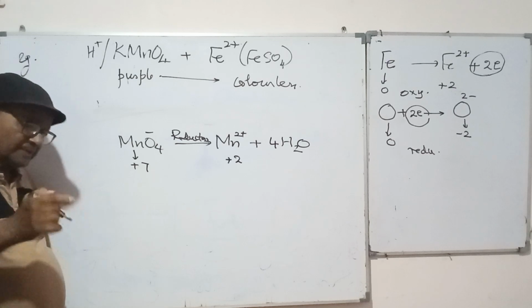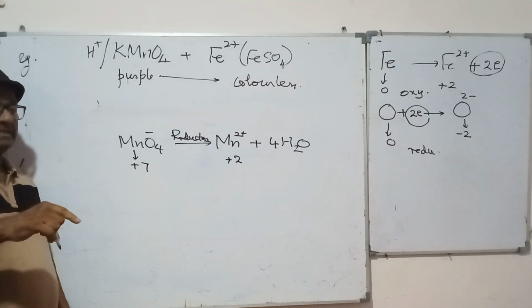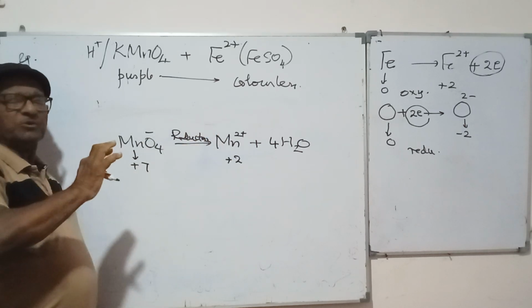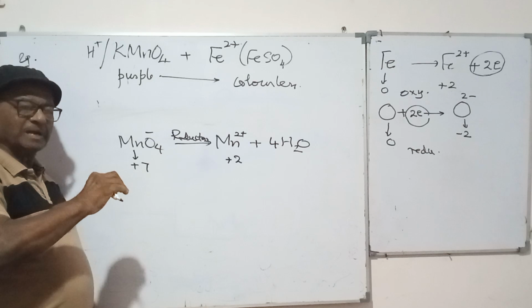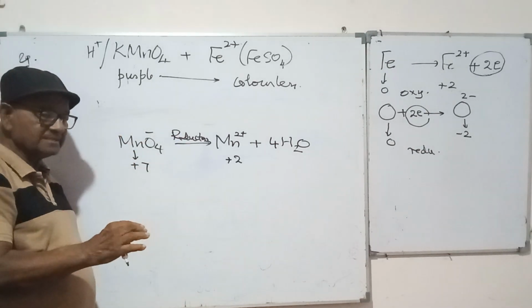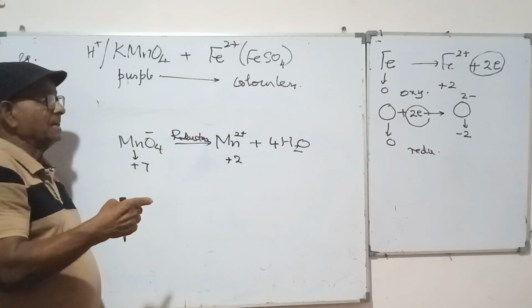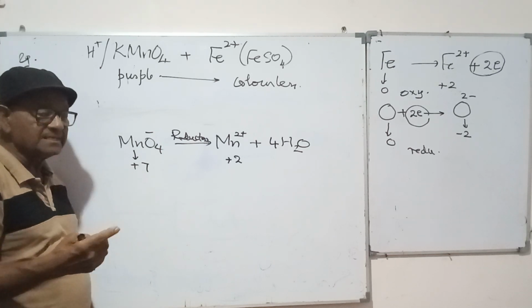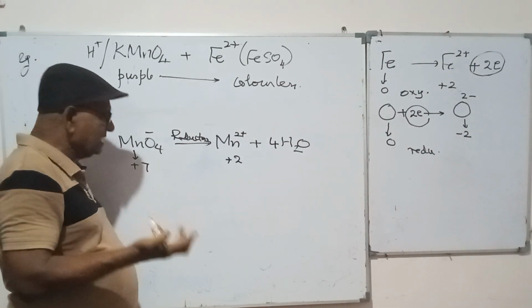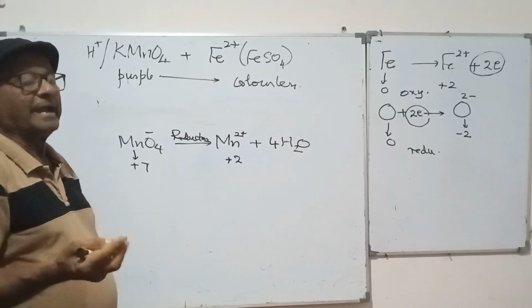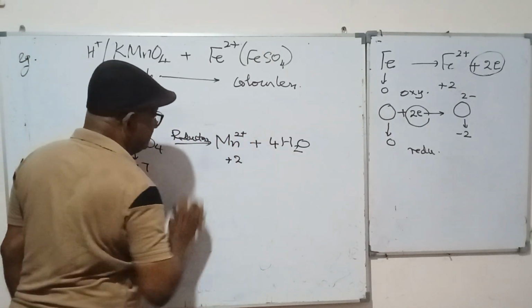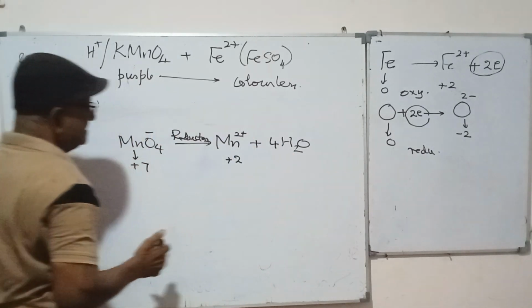So the first step is to balance the elements. When you are going to balance the oxygen, you must add water to balance the oxygen. During the balancing of oxygen by adding water, addition of hydrogen definitely occurs. Now you have to balance the hydrogen. 8 hydrogen here.